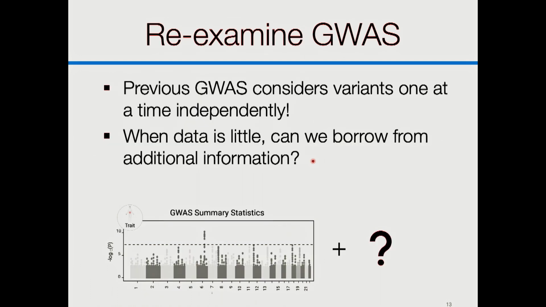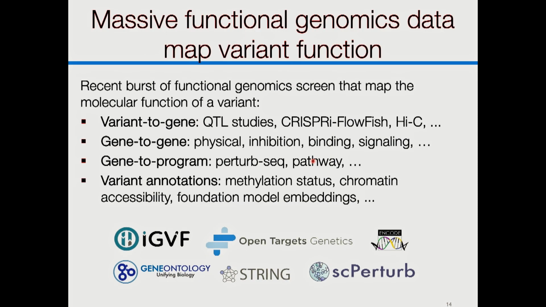So now I'll talk about our method. If you look at the original GWAS method, GWAS scans through the genome one variant at a time, only looking at the genetic information. And when there's a small cohort, we definitely need to draw on other kinds of information. Recently, there's been a burst of functional genomic screens that map the molecular function of a variant.